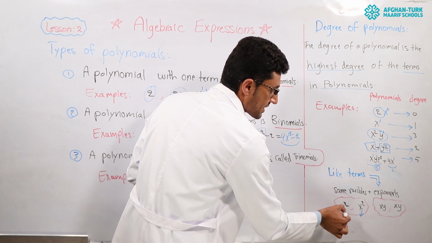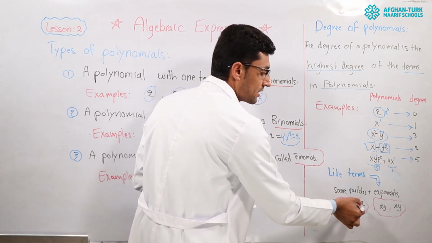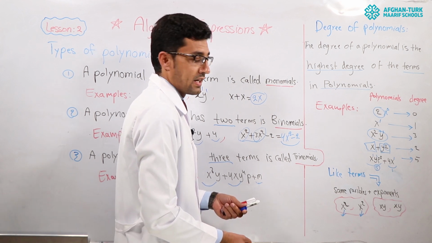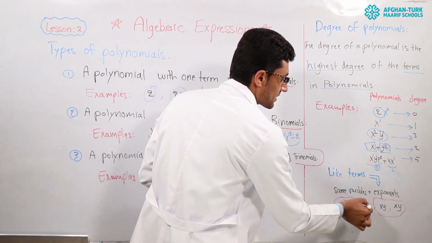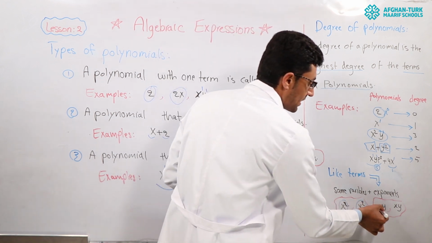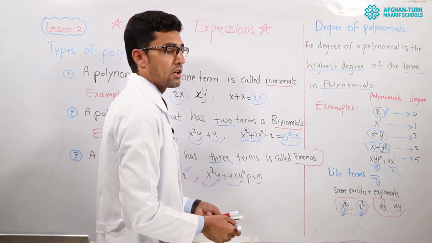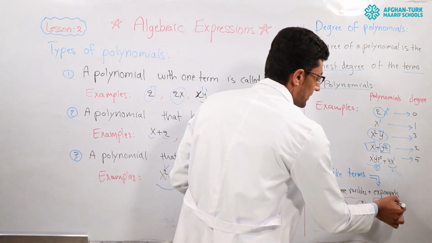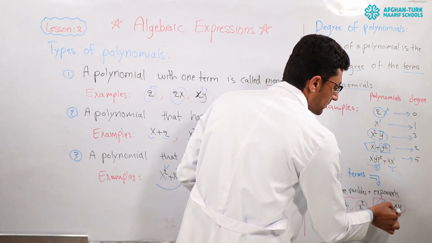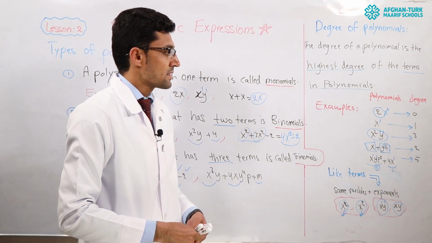The variables are the same, x, x, and the powers should be the same too. Now x squared is a like term of x squared. And here we have xy, and the powers of both of them are 1, 1. So what will be the like term of this? Again, yes. We call these like terms.